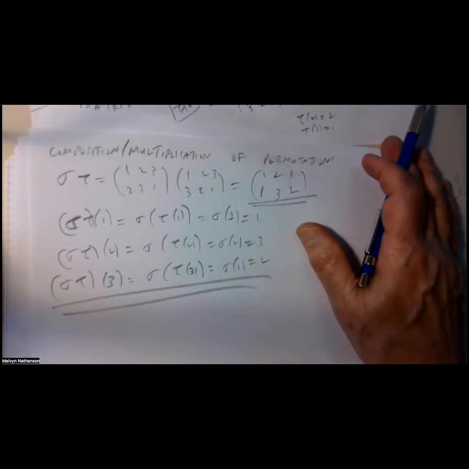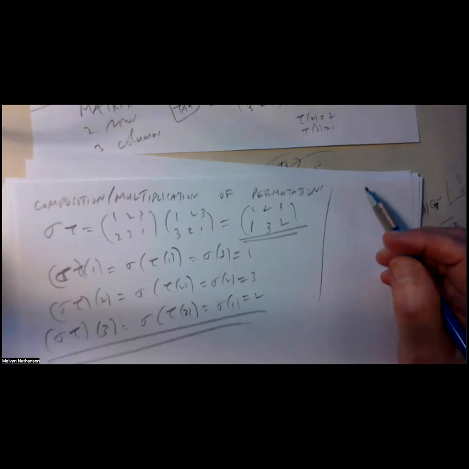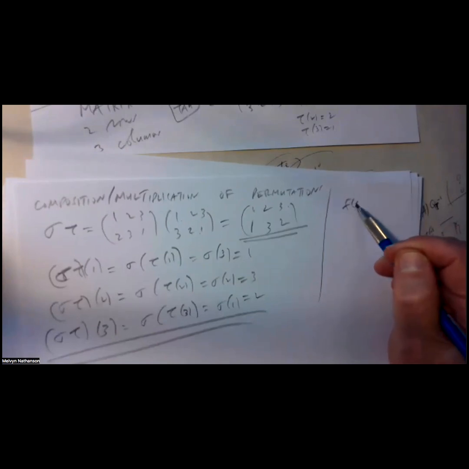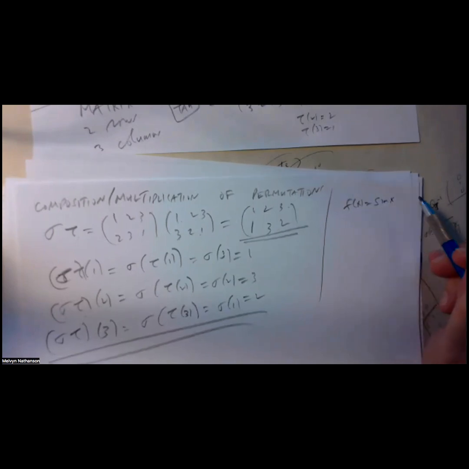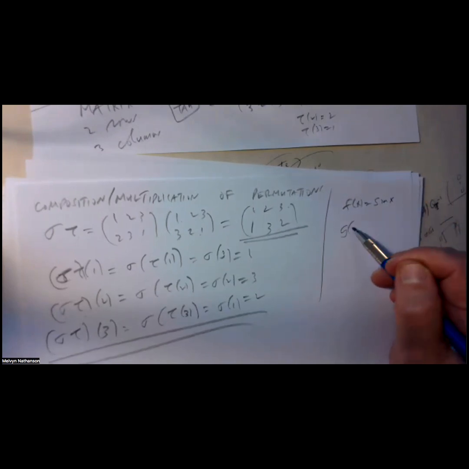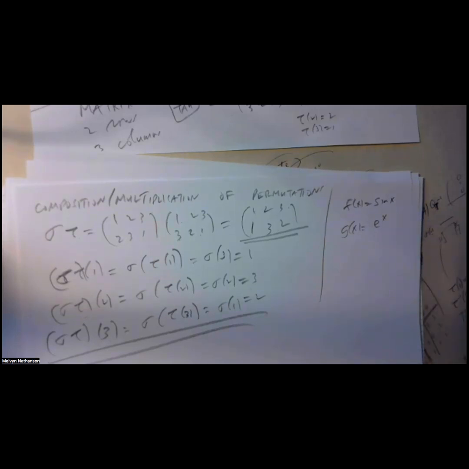Professor, can you explain this again, please? Sorry. So remember in calculus, you might have something like f of x is equal to the sine of x. And g of x might be e to the x, right? And you have the composite function, f composed with g of x.